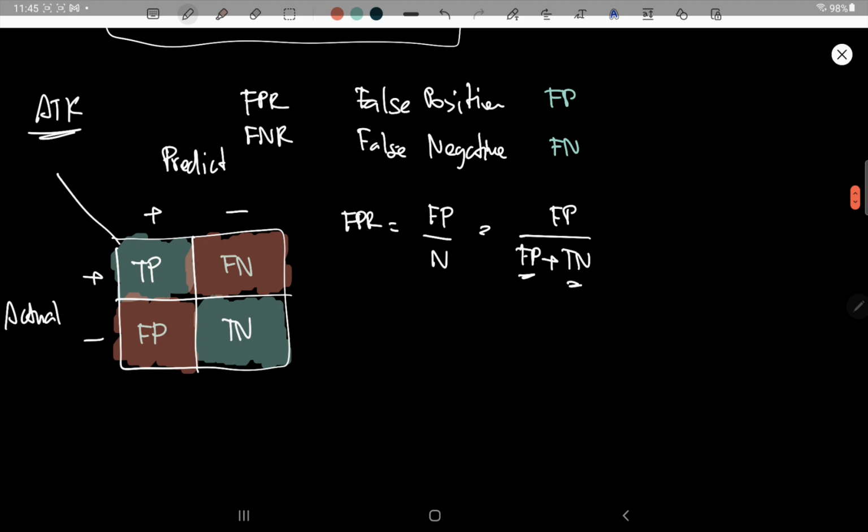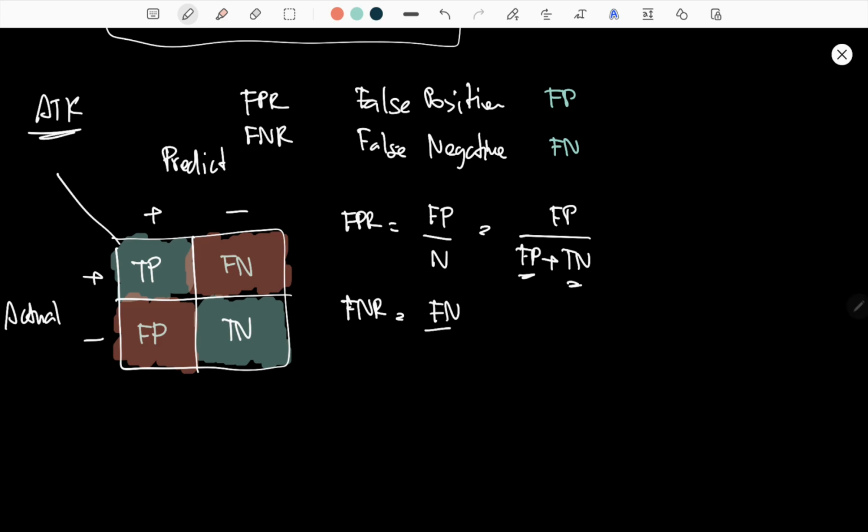This is the false positive rate. For all negative cases, for those who don't have COVID-19, how many of them does the ATK test report as positive? This is a false positive. And the false negative rate is the false negative divided by the positive.